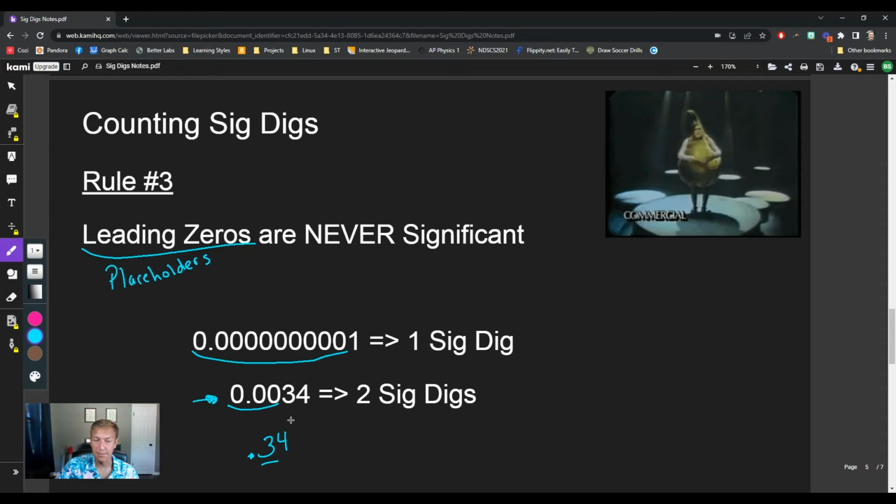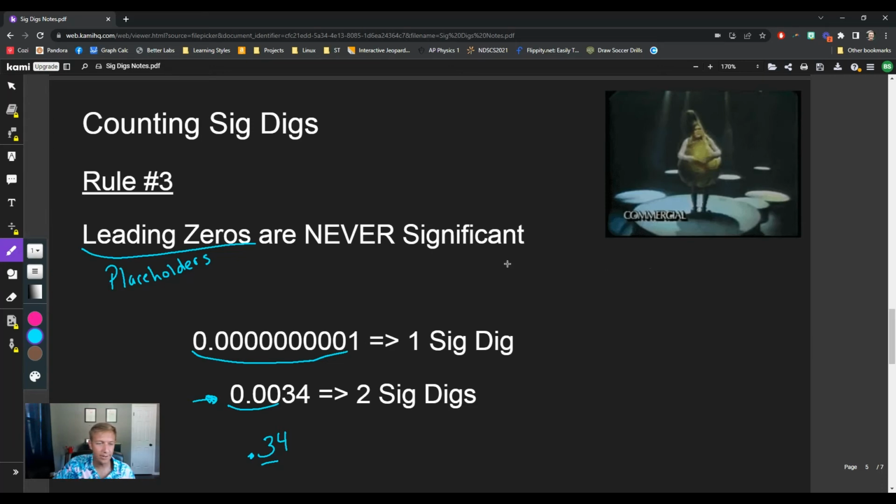But the 3 is not in the tenths place for the measurement. This is the tenths. This is the hundredths. This is the thousandths. So the 3 should be in the thousandths place of this measurement. So these zeros here tell me where those measurements are happening, what scale they're on. So they're still important, but they're not what we call significant figures or significant digits. They're placeholders.